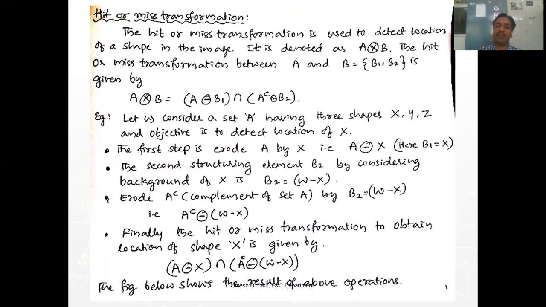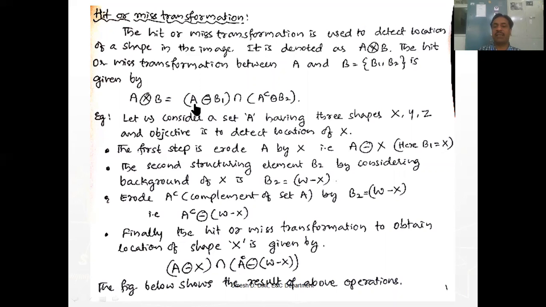This operation is denoted by the multiplication symbol within a circle, which indicates the hit or miss transformation between A and B. The hit or miss transformation between A and B, with B equal to B1, B2, is given by this particular equation.